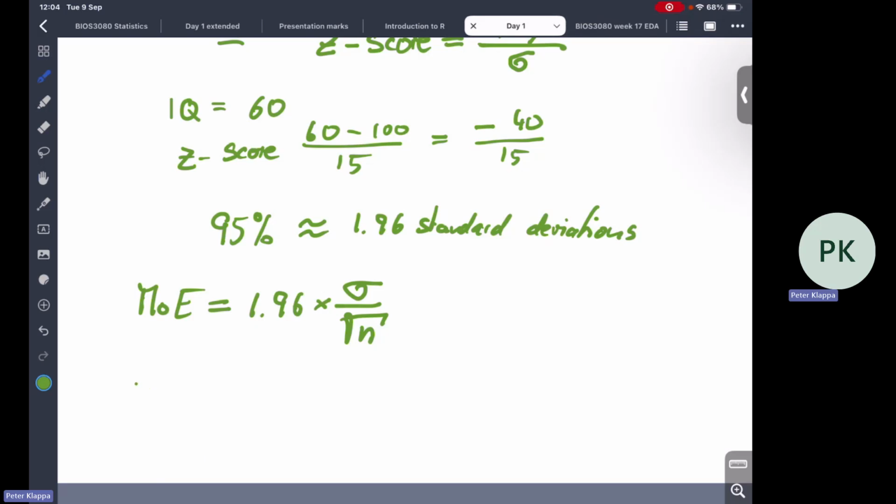So we can say we take our sample, x bar, plus minus 1.96 times the standard deviation divided by square root n. And that would give us roughly an idea of the margin of error, where we can be 95%, where we can be fairly sure, actually, that the true population mean is within this range.